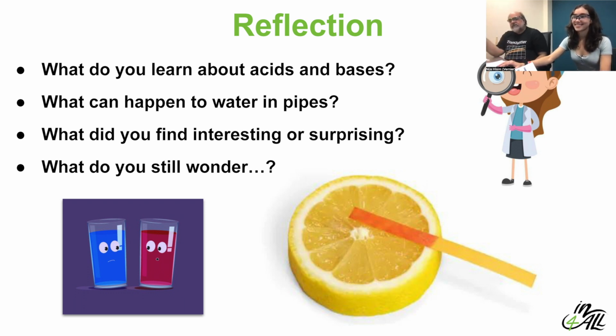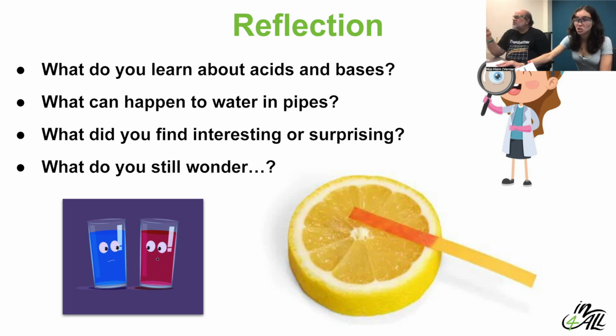Questions to ask the students: what did we learn about acids and bases? See what response, things new that they didn't know already. What would happen to water in pipes if an acid or a base was in the pipe? Would that have any effect? One thing you might want to bring up is, does it matter if the pipe is made of plastic or if the pipe is made of metal? Because a lot of pipes in houses now are made of plastic.